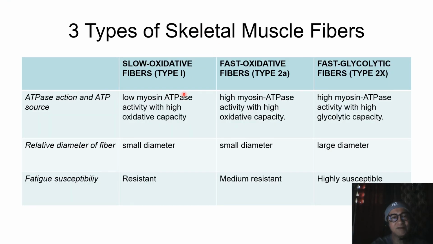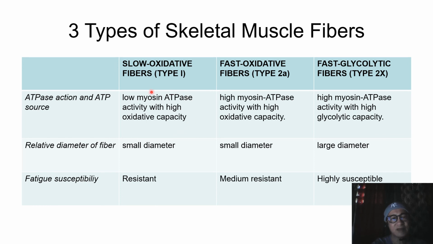To further differentiate between the three types of skeletal muscles we just identified, namely the slow oxidative fibers type 1, the fast oxidative fibers type 2A, and the fast glycolytic fibers type 2X, we can differentiate them based on the ATPase action and ATP source, the relative diameter of the fiber, and their fatigue susceptibility.